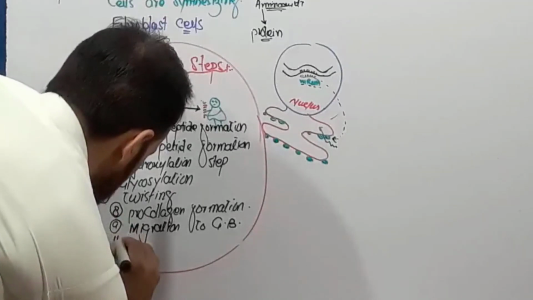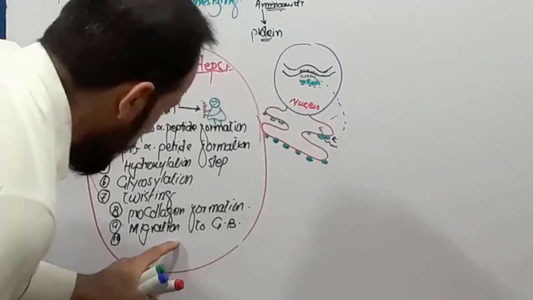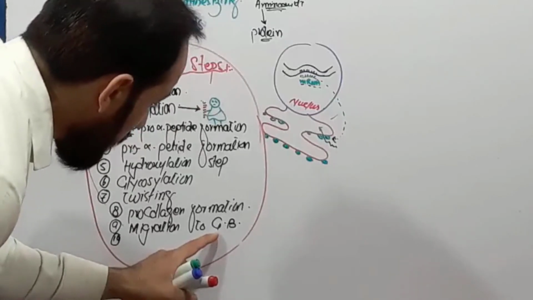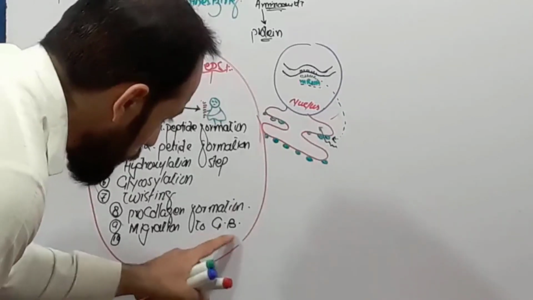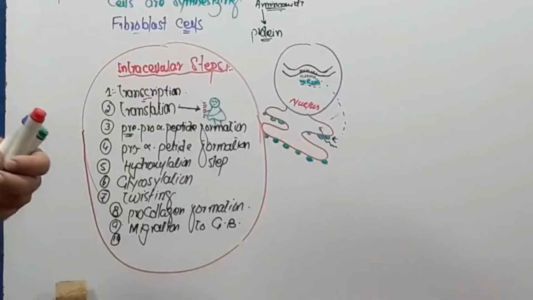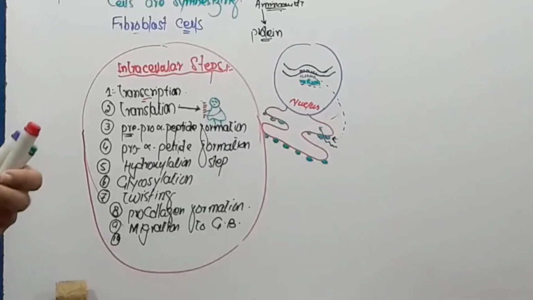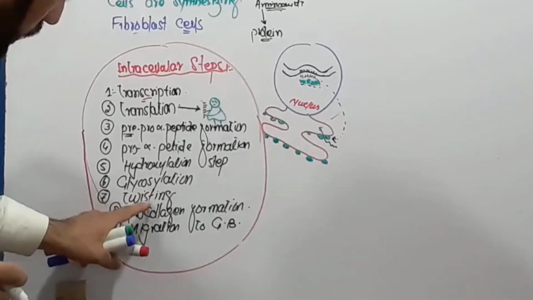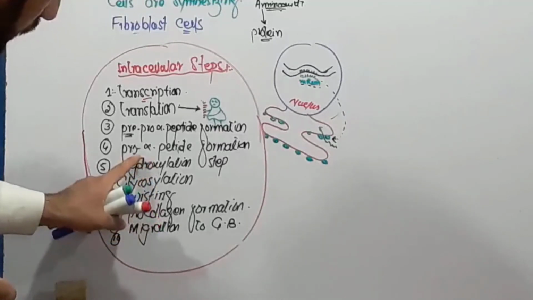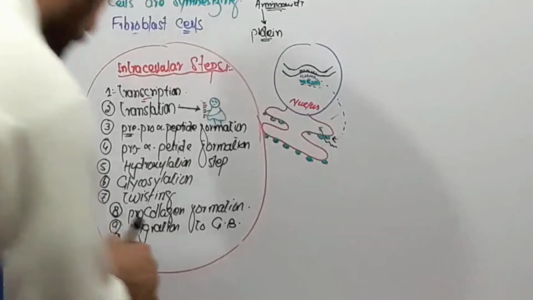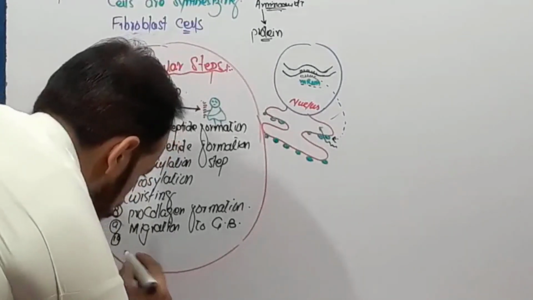And then the 10th step is inside the Golgi body, what will happen? There will be the addition of certain oligosaccharides, certain sugars will be added to this twisted glycosylated hydroxylated pro alpha peptide, or we will say procollagen. So there is the addition of disaccharides.